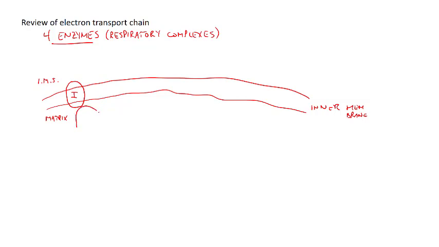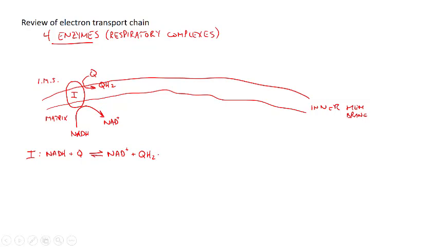Complex 1 takes electrons from NADH and gives us NAD plus in return. And in the process of doing that, it takes coenzyme Q and reduces it to QH2. So complex 1's reaction, in essence, is NADH plus oxidized coenzyme Q react to give us NAD plus and QH2.